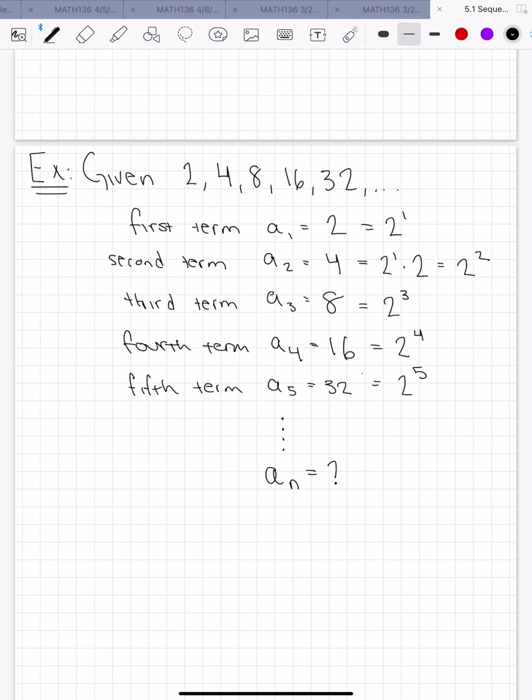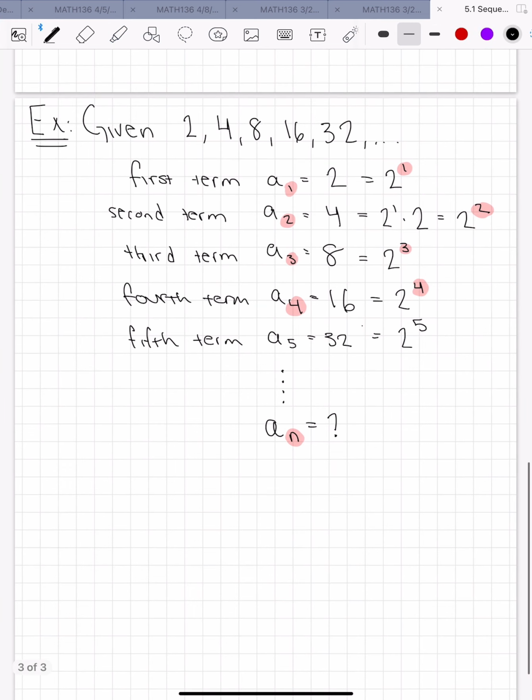If I take a close look, the index of each term corresponds to the exponent on the 2. So when I'm trying to figure out a formula for a_n, I know that the subscript corresponds to the exponent on 2. So we can write the nth term, a_n, as 2 to the n.